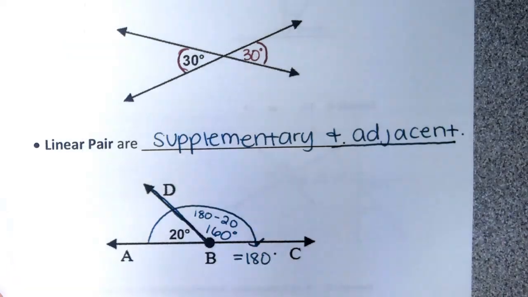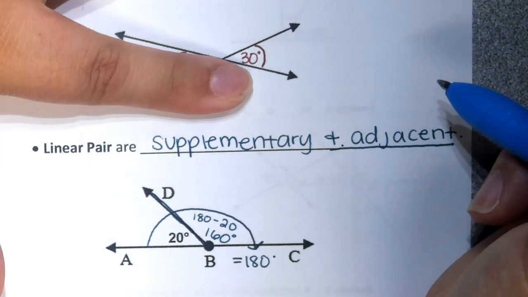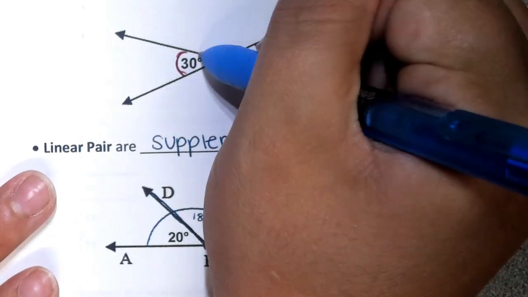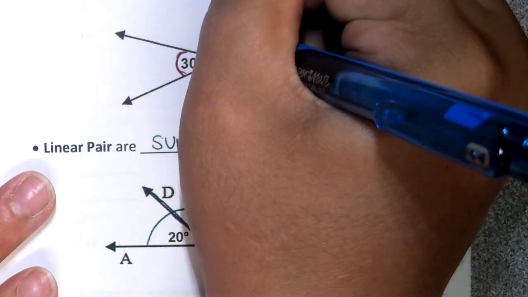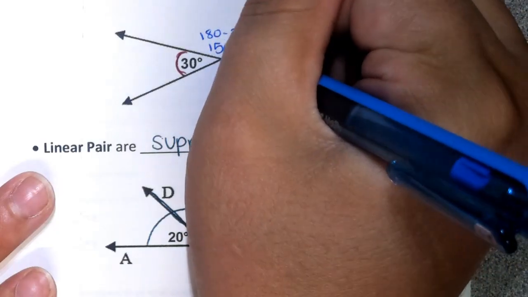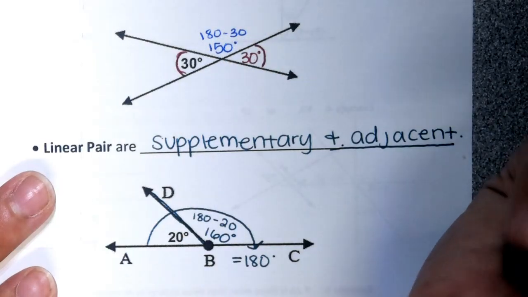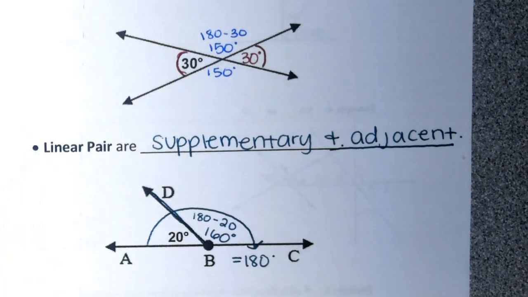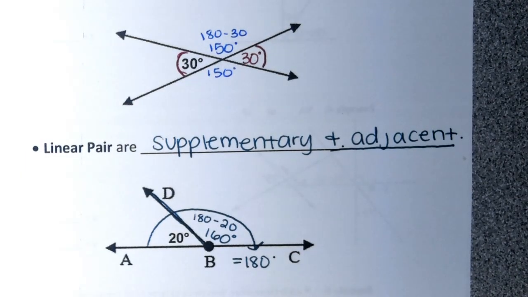How? Because don't you agree that makes a line right there? So what am I going to do to find this angle right here? Which gives me? And if that is 150, what else do I know? Why? Because they're vertical angles.